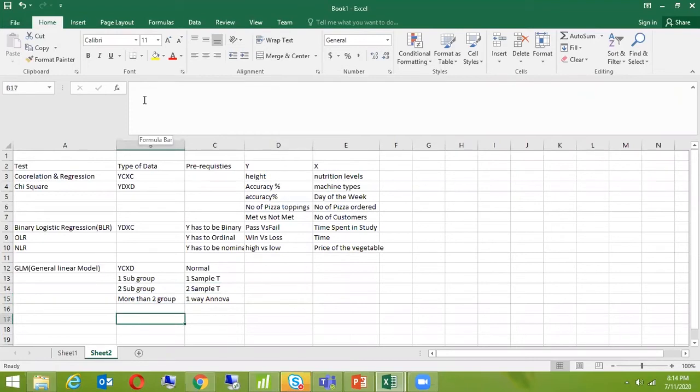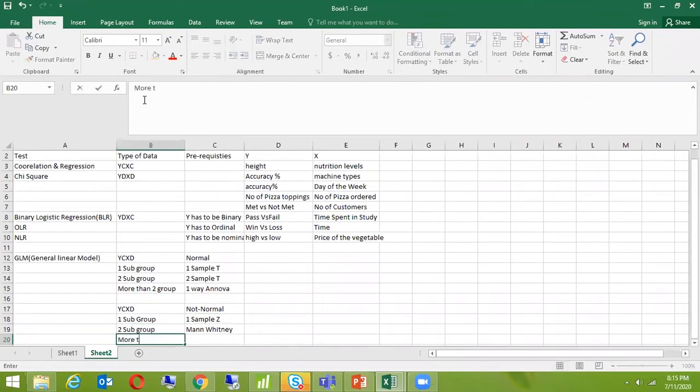Now, again, if I have y continuous, x discrete, and I have not normal data: if I have one subgroup, I will do a test called one sample z. If I have two subgroups, I will do a test called Mann-Whitney.